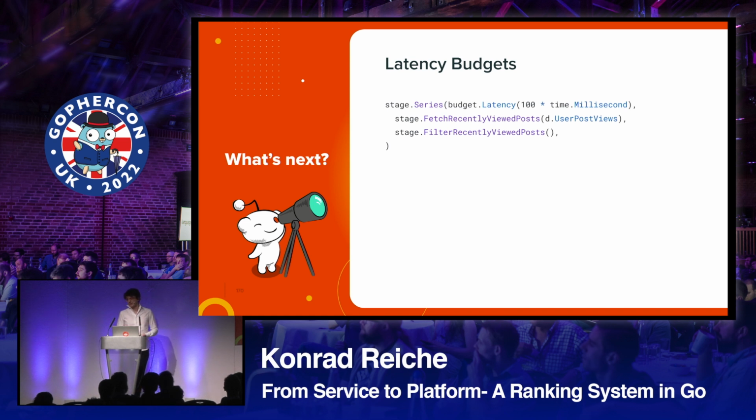Yes, we can limit when a service call should time out. We can define when a service should return a timeout. But in this case, maybe we want to group this together with other actions that are happening to ensure that parts of the pipeline provide a low latency at any given time.